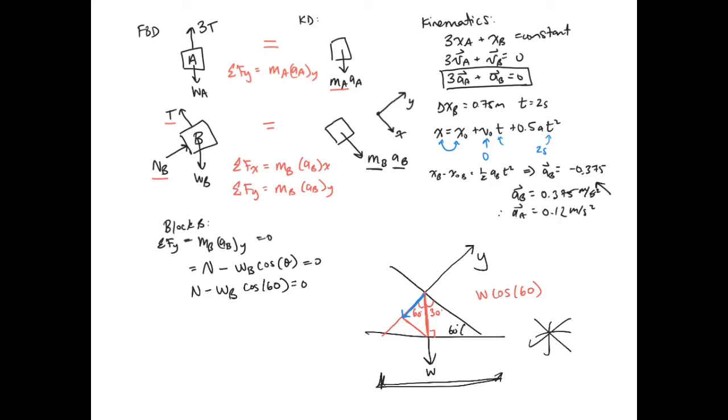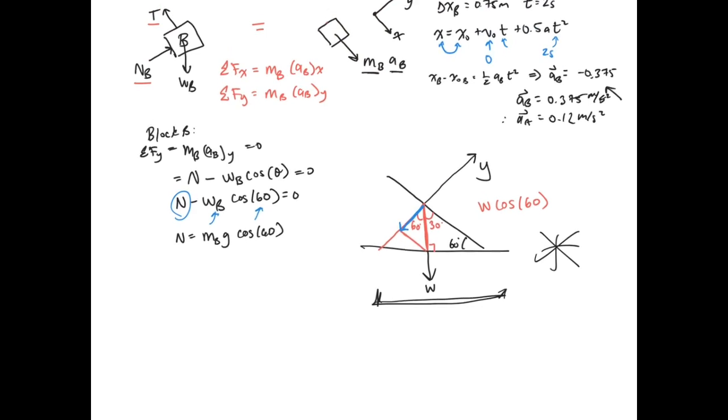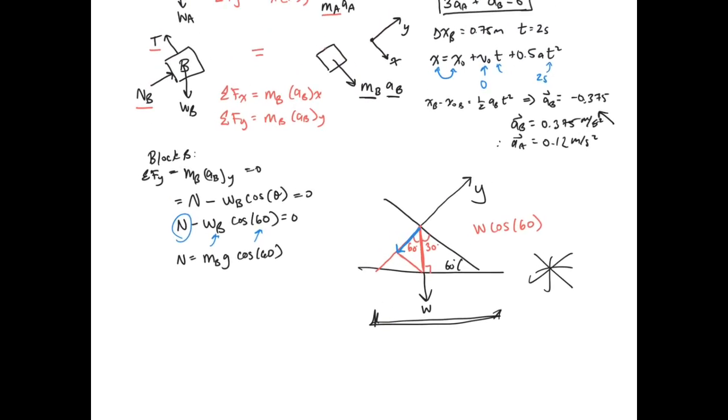From this equation, we know the weight of B, we know our angle, and we can solve for our normal force. So our normal force is equal to mass of B, gravity, times cos of 60. Actually, we still need our drawings. Then we have the summation of Fx is equal to mass of B times the acceleration of B. This is the acceleration going along the slope, so it's the entire acceleration of our block.